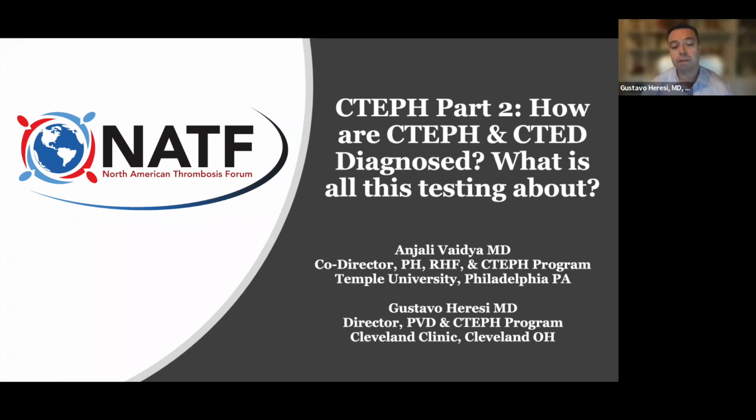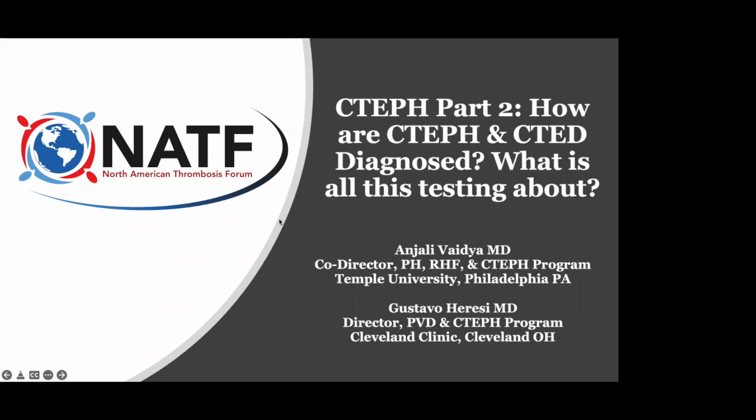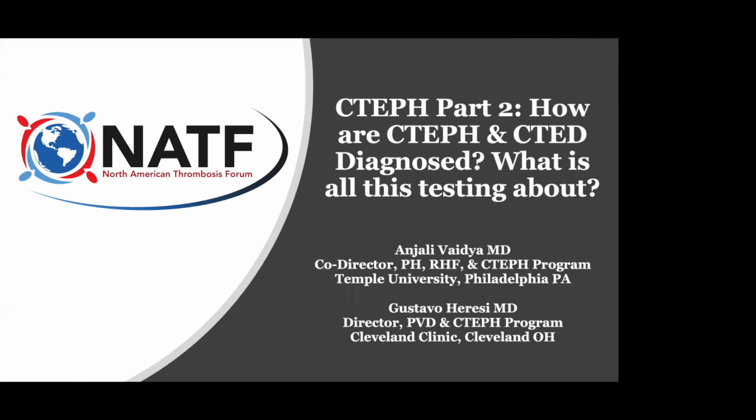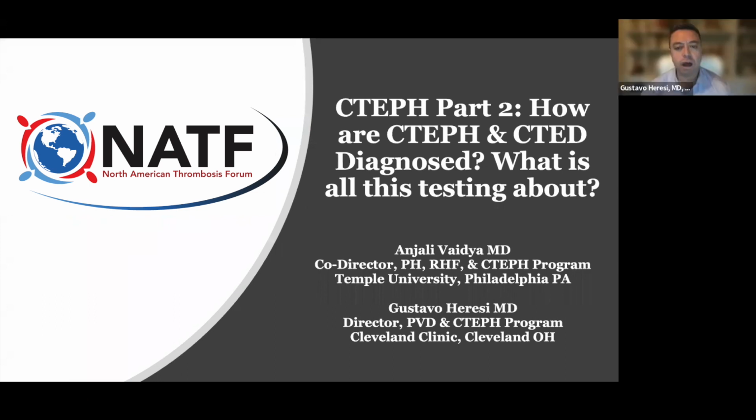So we're going to talk about how we make a diagnosis of this condition called chronic thromboembolic disease. I know a few weeks ago, you talked a little bit about the disease and the risk factors and so forth. So we're going to hone in on how your doctors may be able to diagnose you with this problem.